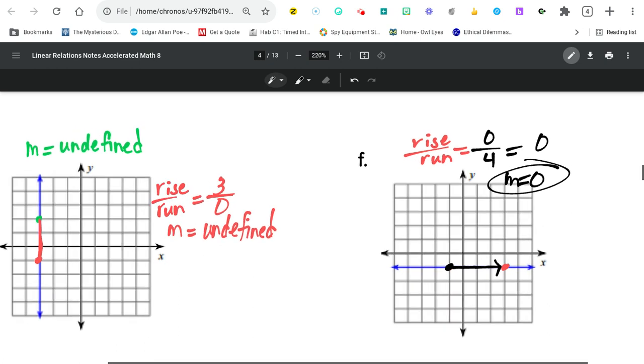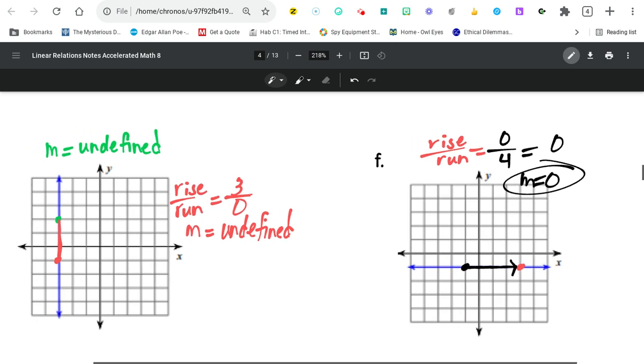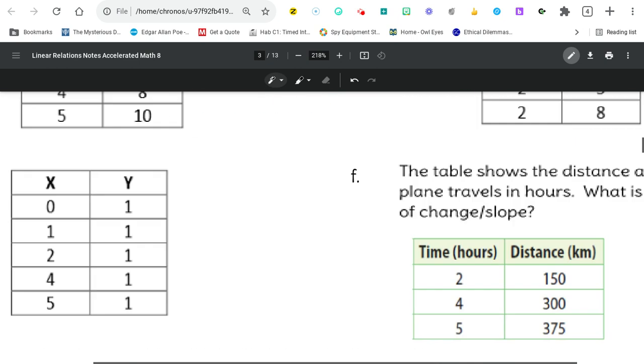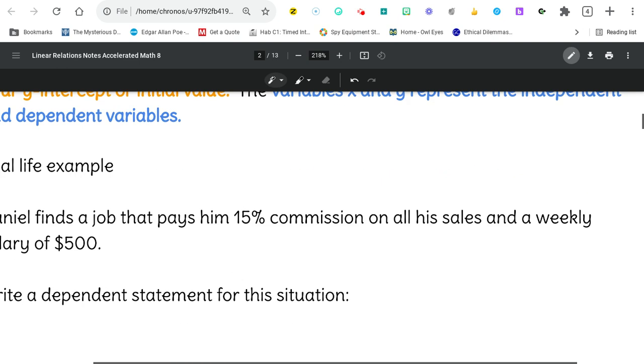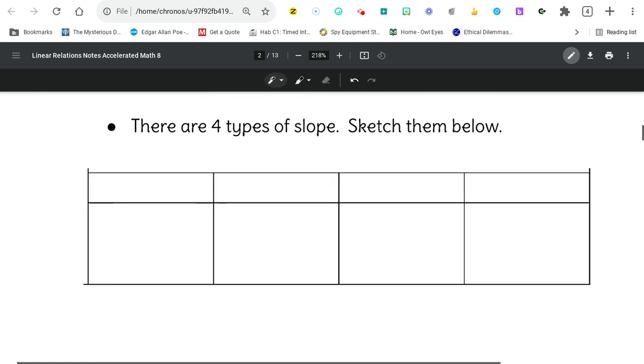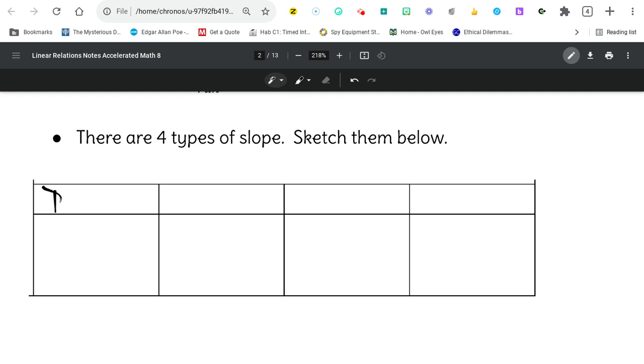Because we went over that with the 4 types of slope. When I gave you in this box in the video yesterday, I gave you the 4 types of slope right here. I said the slope could be positive if it goes upward toward the right. The slope could be negative if it goes downward from left to right.